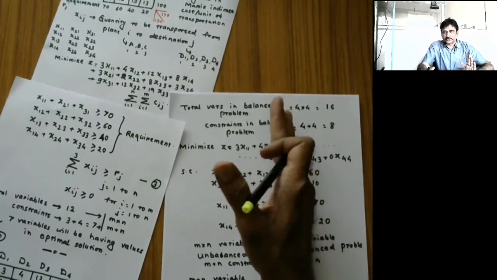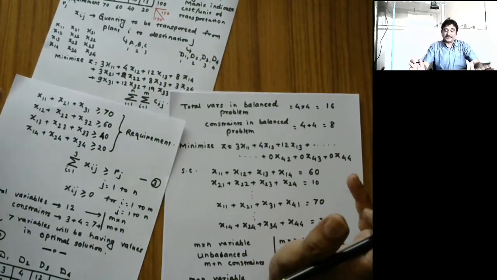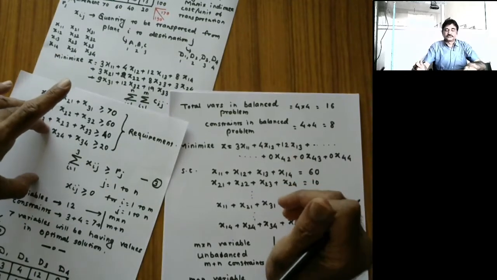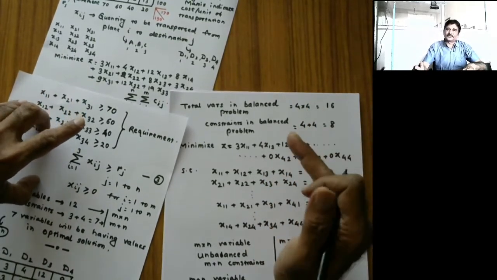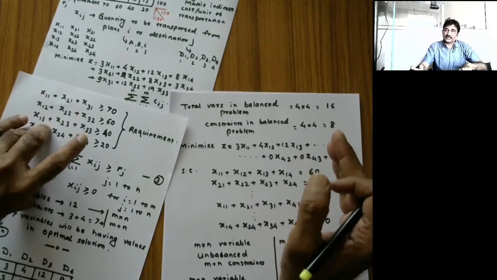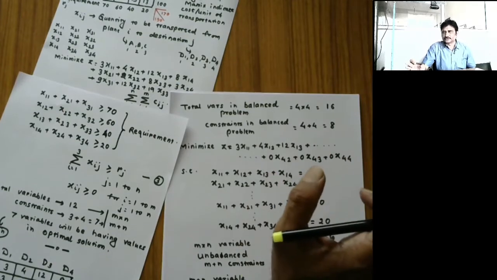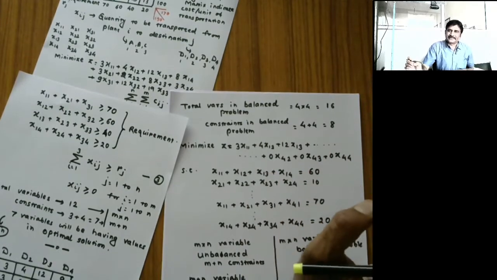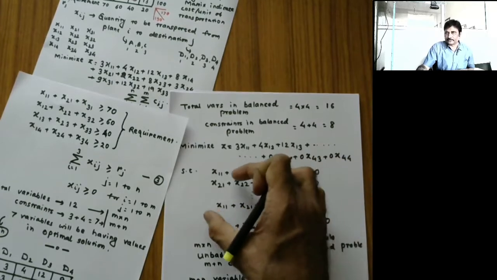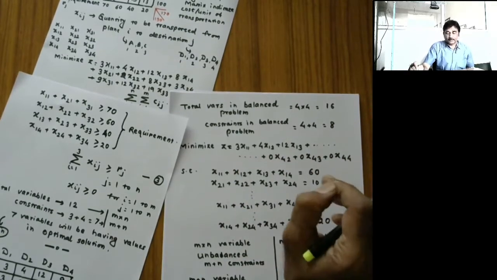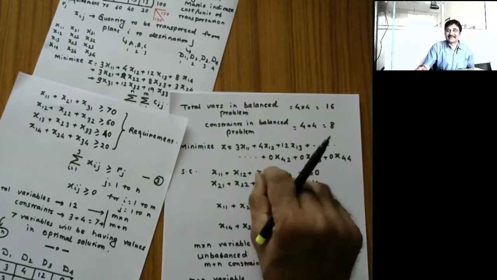The solution for this problem and the solution for this problem are the same. Here you have 7 variables having value. Here also you will get 7 variables having value greater than 0, and one will essentially come out as 0 if you solve the problem with 8 constraints. It implies that one of the constraints in this problem is a redundant constraint.